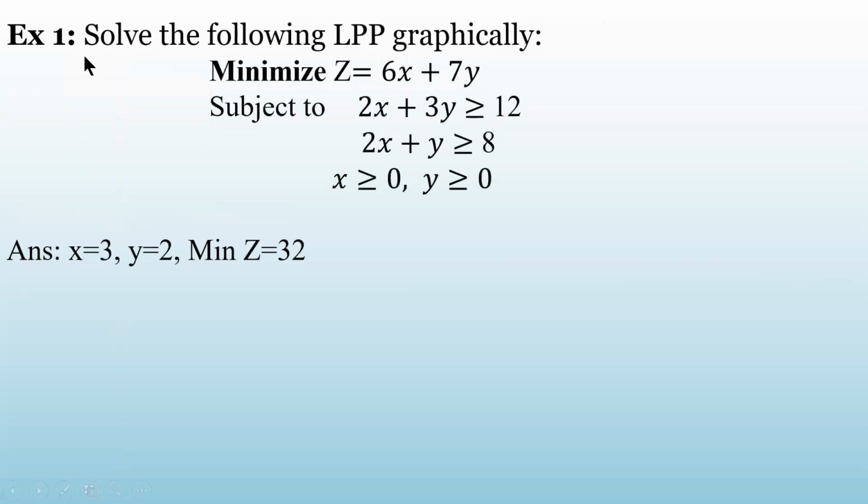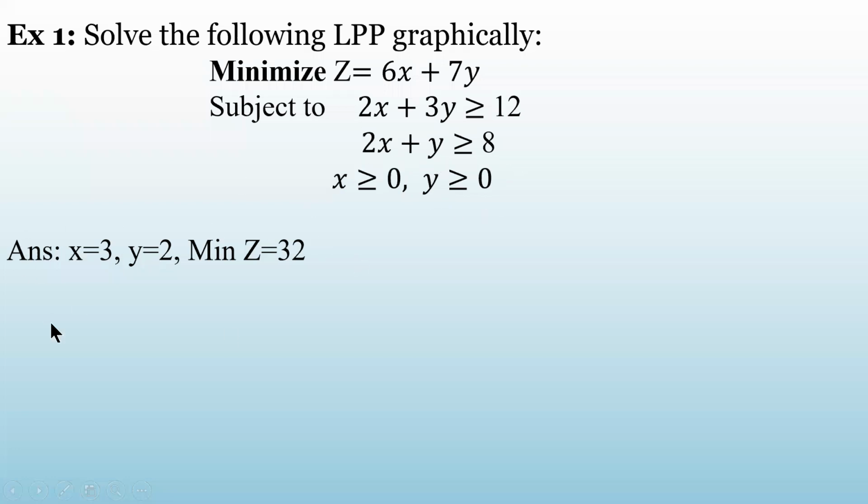Look at this question. Solve the following linear programming problem graphically. Minimize z equal to 6x plus 7y subject to these two constraints. In most cases you will have only two constraints, and this will always be there: x greater than or equal to 0 and y greater than or equal to 0.